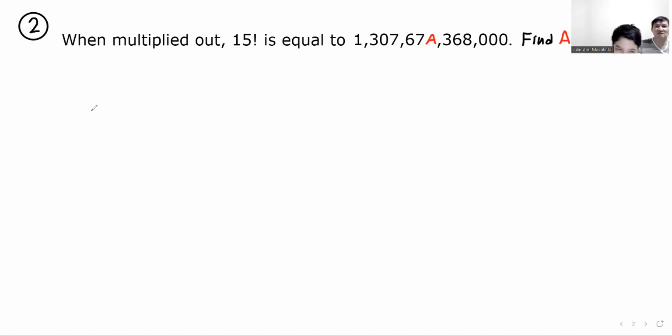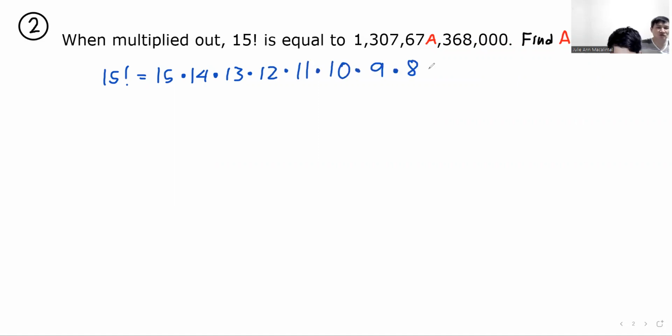So to start, we are going to express whatever 15 factorial is, and I'm going to show the entire expansion because it is important, so we can see the concept behind your solution.